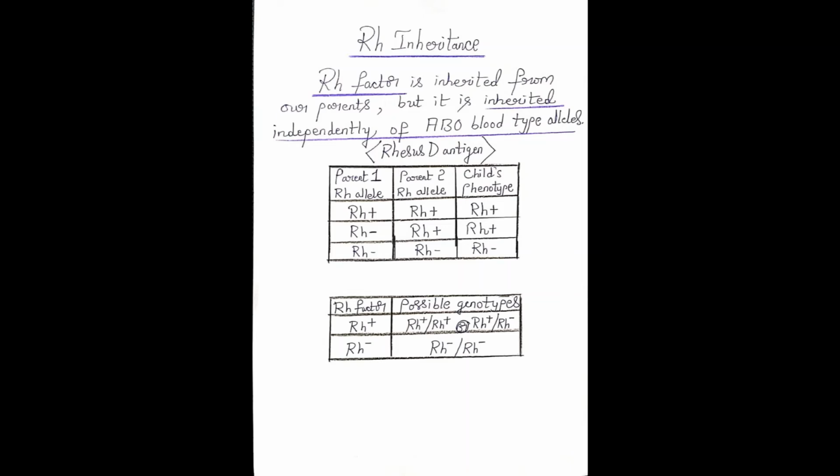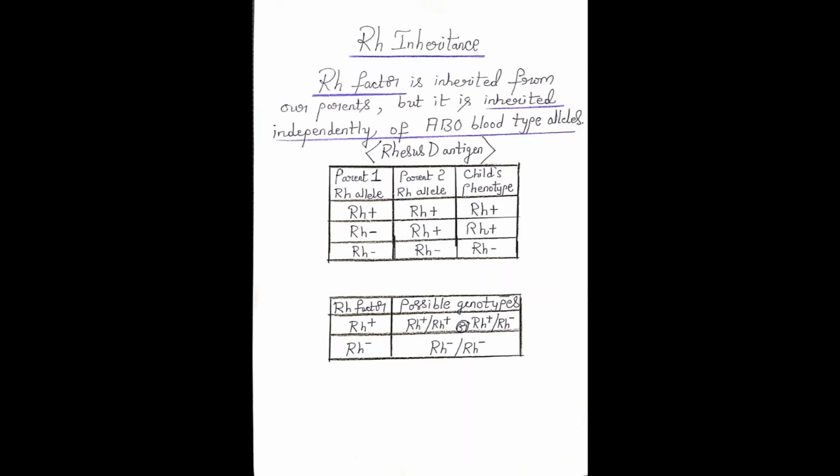And if you observe the possible genotypes for Rh factor, that is the second table, if our blood group is Rh positive, then the genotype may be Rh positive, Rh positive, or Rh positive and Rh negative. Rh positive is the dominant rhesus D antigen, therefore only positive is expressed.